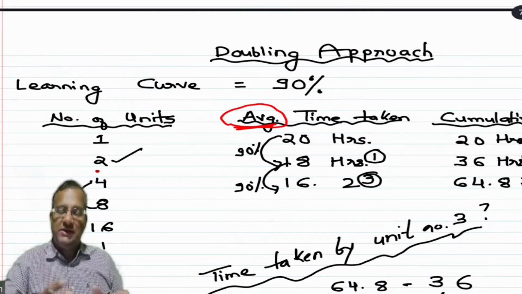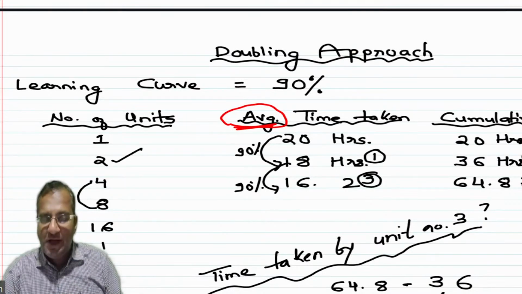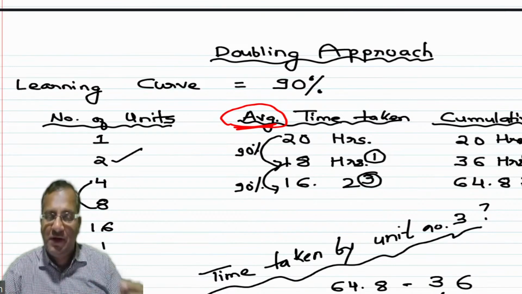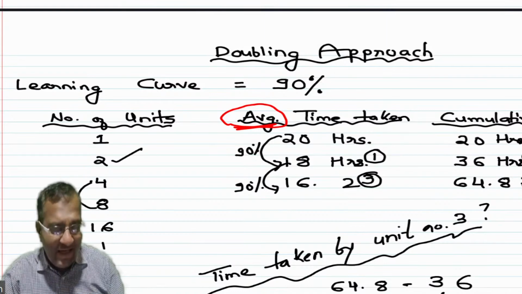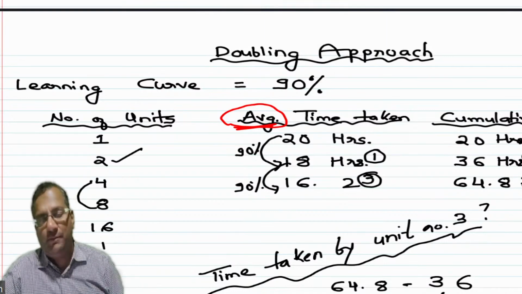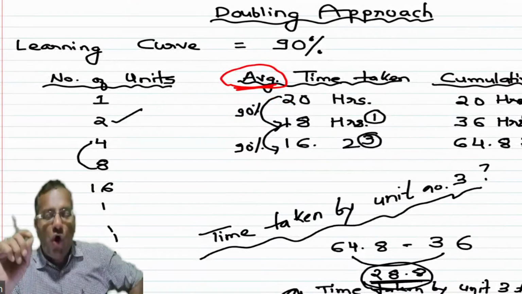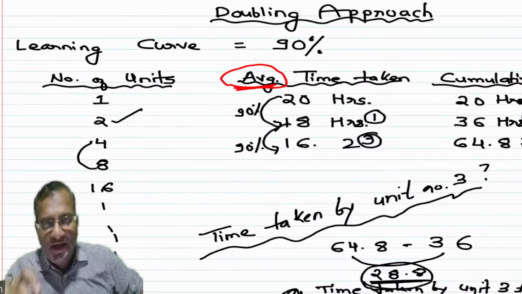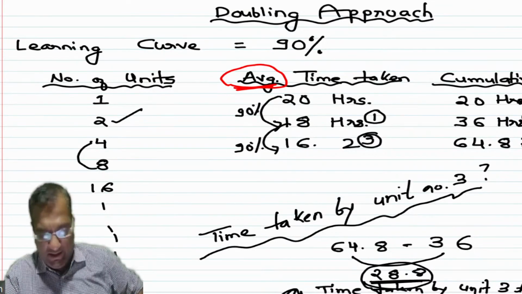That's why some other author has developed the formula approach through which you can calculate the time taken by unit number 3. You can calculate the time taken by unit number 7. Any calculation can be done through the doubling formula approach. The only limitation in the doubling approach is that you cannot calculate the time of an odd unit, how much time it took to manufacture that unit.